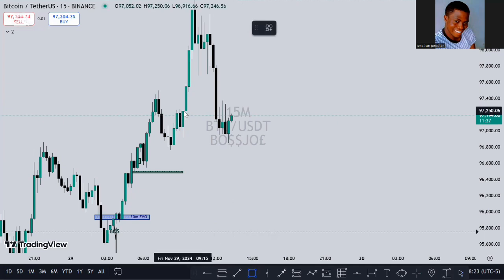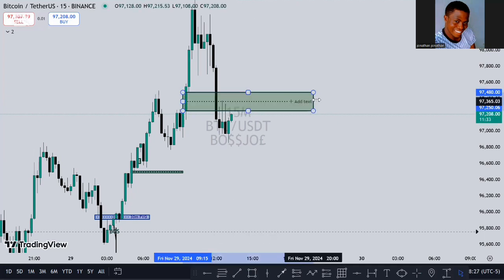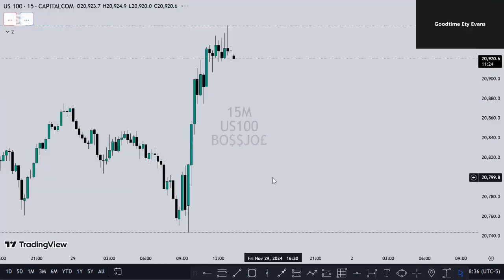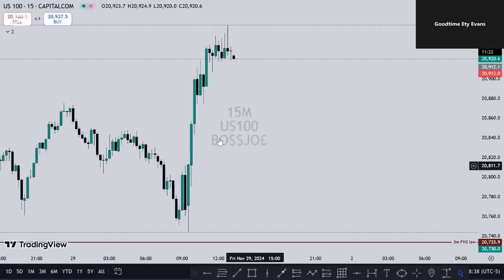This is a fair value gap. This particular gap is very, very important to me.